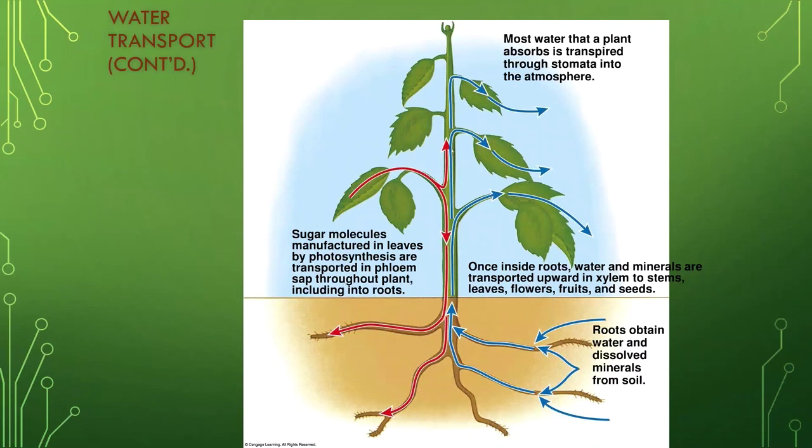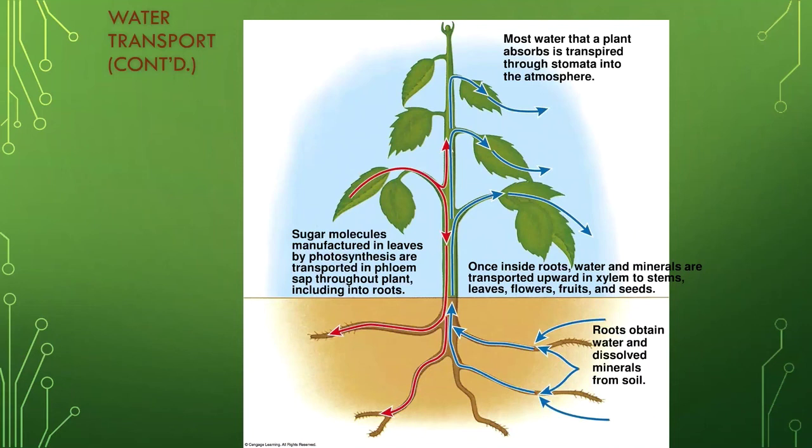It just gets transferred throughout the plant itself. Movement is driven largely by natural physical processes, and we're not going to get really detailed into that. If you want to learn more about how plants function, you should take a botany class. I really encourage you to do that.